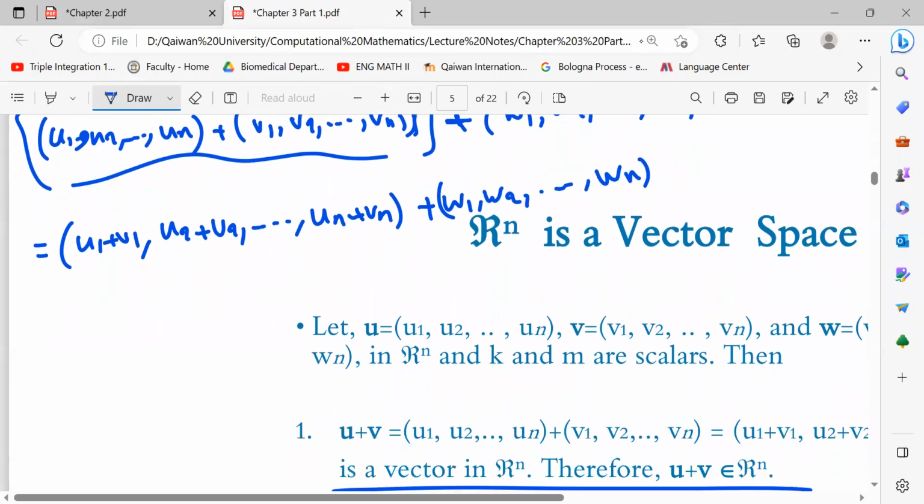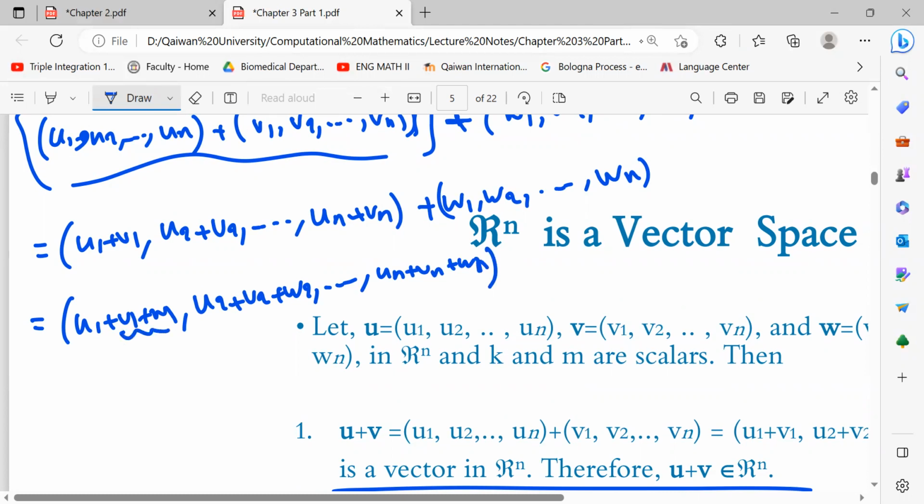Now we add these two. We say this equals u1 plus v1 plus w1, u2 plus v2 plus w2 up to un plus vn plus wn.